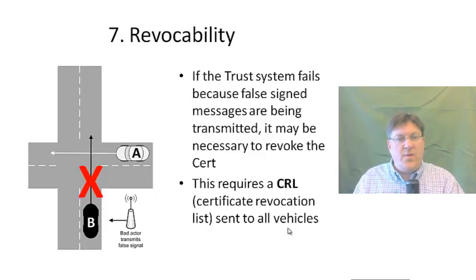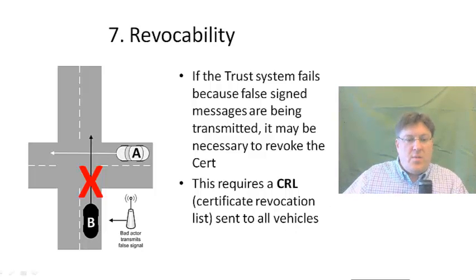Number 7, revocability. We may find that, say in this diagram, car B is not real, but it's transmitting with a real signature, a proper certificate and signature. If this happens, the trust system has failed and we need to revoke the certificate on car B. If this is necessary, we need to have some method of revoking this. It's that simple.